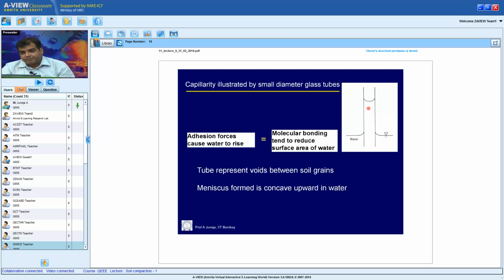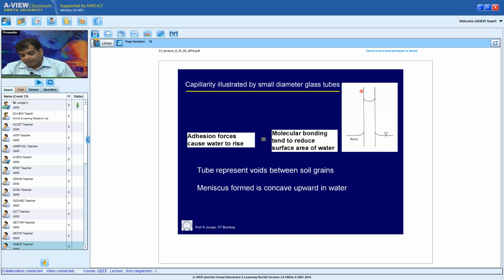In fact, when we speak about diameter, let's take an analogy that the diameter of the tube is similar to your pores or voids, the voids between the soil.